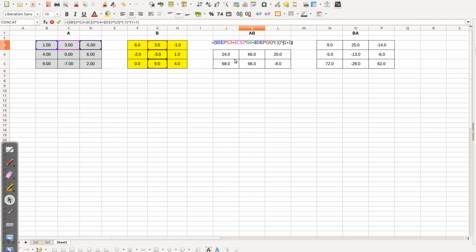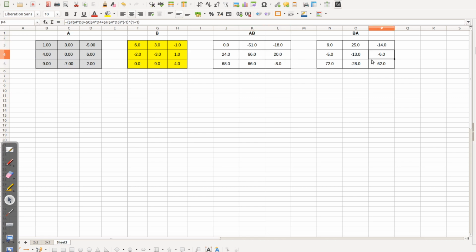For this one, you multiply the first row with the second column, element 1, 2. Similarly over here, element 1, 3, first row and third column, multiply them and this is what you get. Similarly, second row, second column, third row, third column.